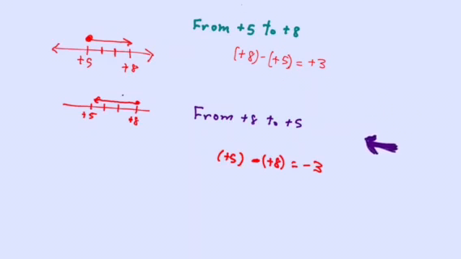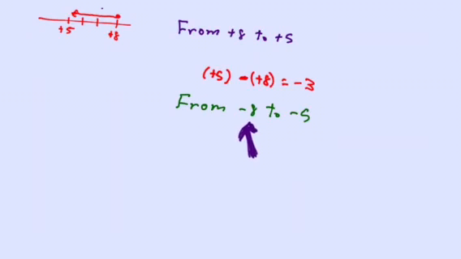Let's check and see if that works if both numbers are negative. From a negative 8 to a negative 5. Our theory is we're going to write down the negative 5 first and then subtract the negative 8. That's the theory we think the rule is. This becomes negative 5, and subtracting a negative turns into a positive.